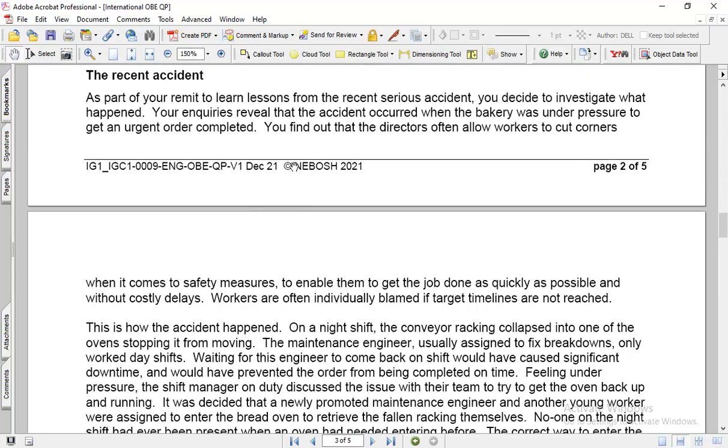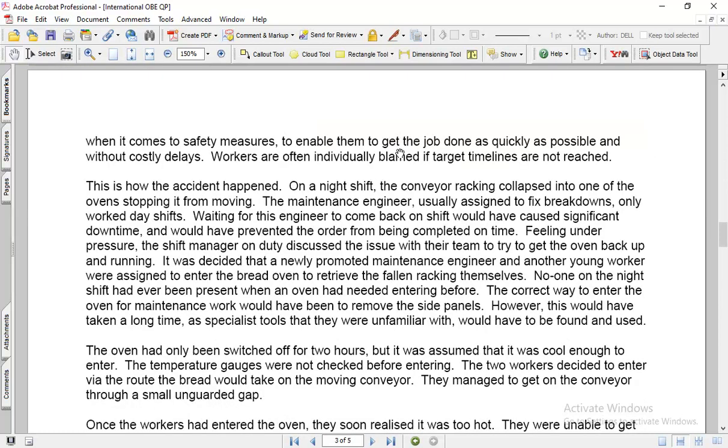So now you are trying to learn lessons from the recent accident, or to investigate the serious accident. You come to know that at the time of the accident, the bakery was under pressure for some urgent orders to be completed, and that the directors allow workers to cut corners and do not concern themselves with safety measures when it comes to production.